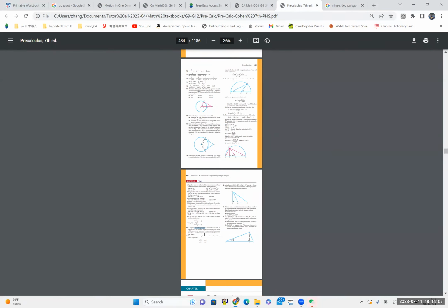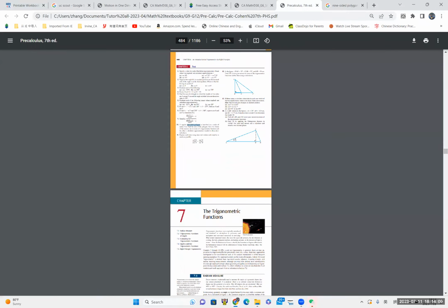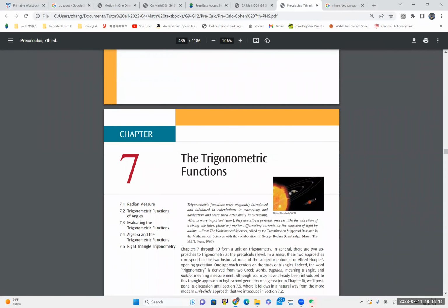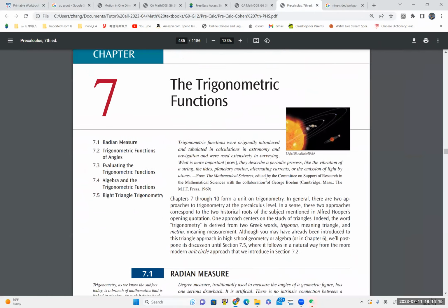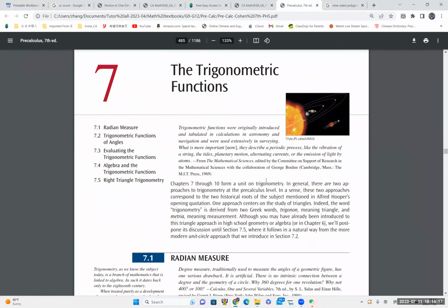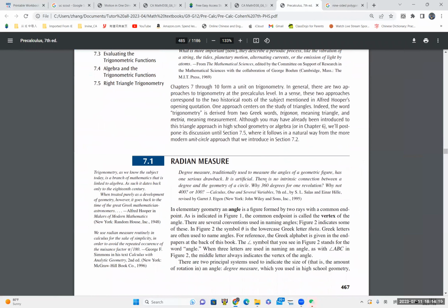Chapter 7, the trigonometric function. Water really fast. Okay, I'll be right back. Mayor, can I get water? Oh yeah.